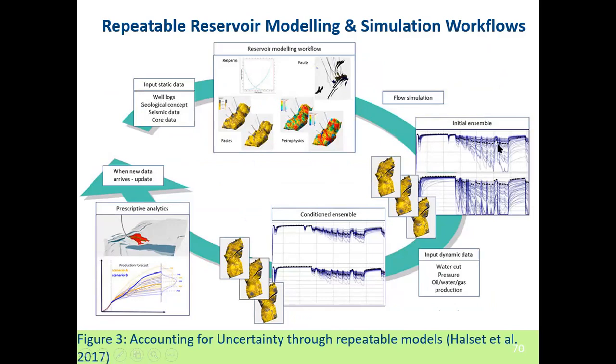Of course, you would have a base case, and then you look at the multiple realizations and see how that impacts your production forecast. And then with this, you can have a good degree of confidence in your work. That'll be all for now.